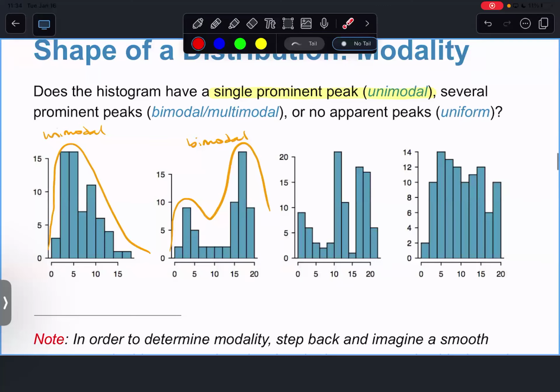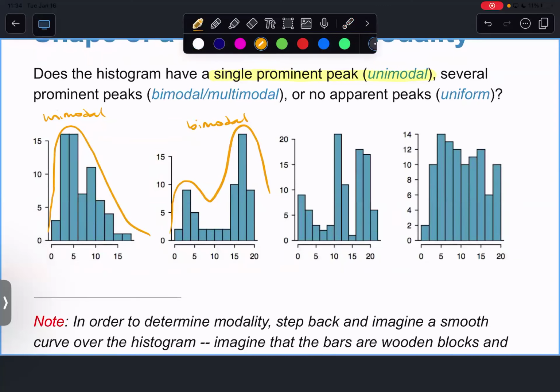Okay. And so here, if I drop my spaghetti, I might have something that looks like this. I know it's supposed to be multimodal. I'd probably generalize it as just bimodal, lumping those two close ones together. But it's supposed to be an example of multimodal, so I'll take it.